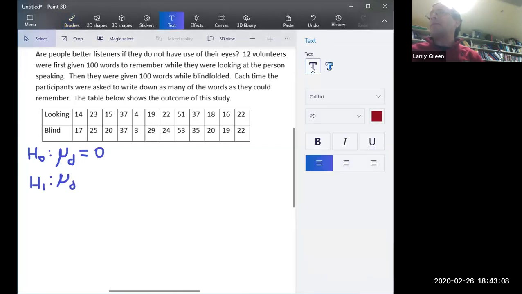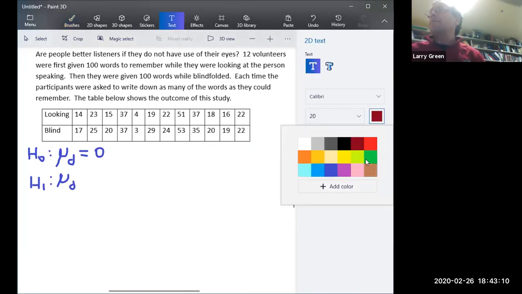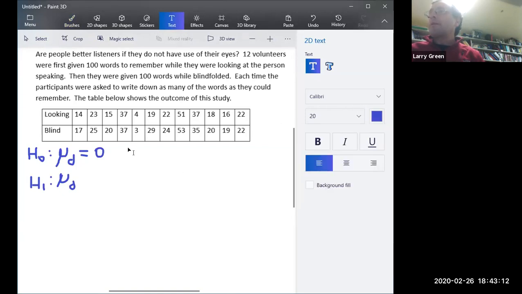And let's talk about what we're going to let D be. So D is going to be the difference between looking and blind. So we're going to do looking minus blind, will be what D corresponds to. Any questions on this idea so far?